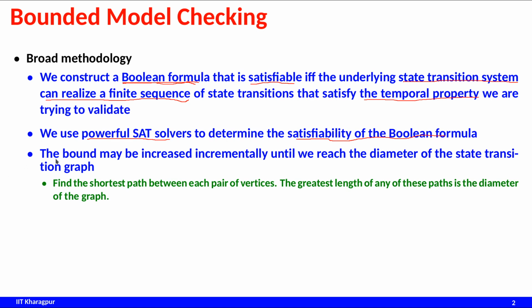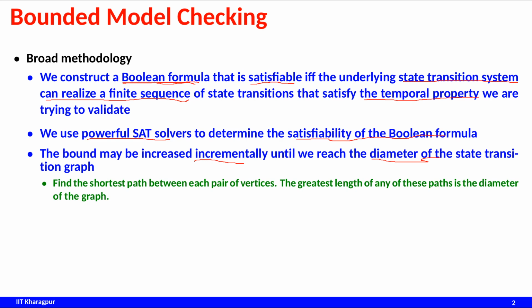This bound can be increased incrementally until we reach the diameter of the state transition graph. Once we reach the diameter, then it's complete. The problem is that we do not know the diameter, because if we know the diameter, that means we have the complete state transition system with us.